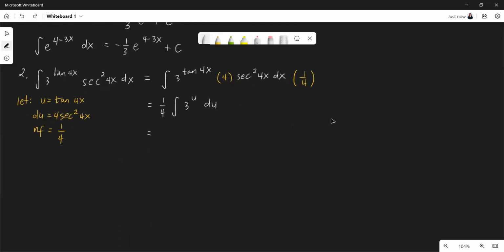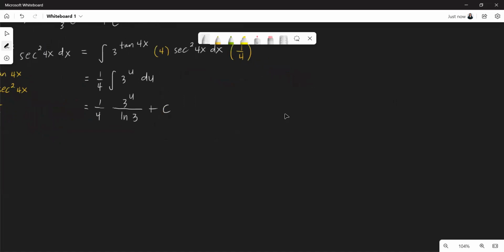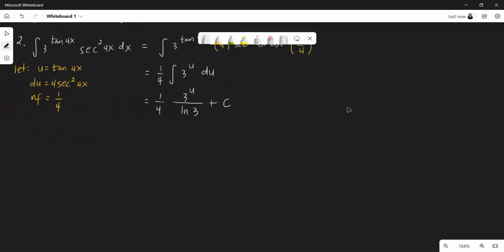All right. So it's 1/4, and then we have a to the power of u, so 3 raised to the power of u, and then over ln of a, which is ln of 3, then plus c. So we have 3 raised to the power of u over 4 ln 3 plus c, or we can already put back the original variable.